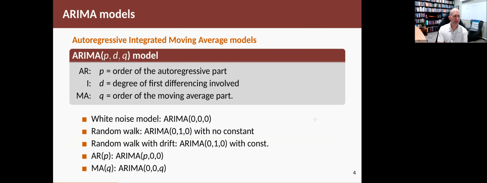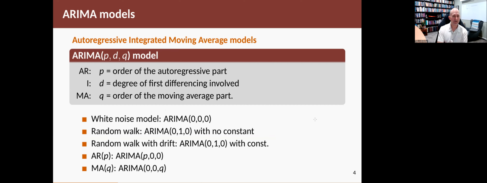So the way we normally write this is an ARIMA(p,d,q) model, where p says how many AR terms there are, d how many differences you used, and q how many MA terms to include in the model. And those things can be zero.